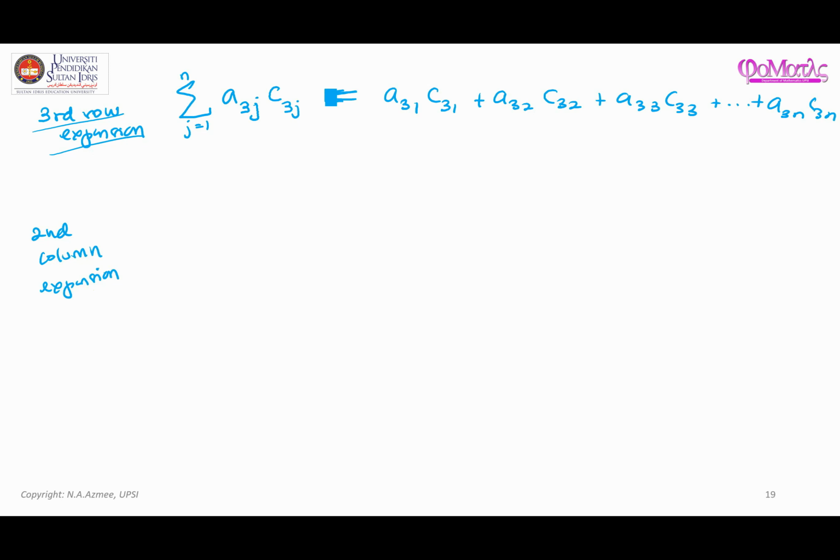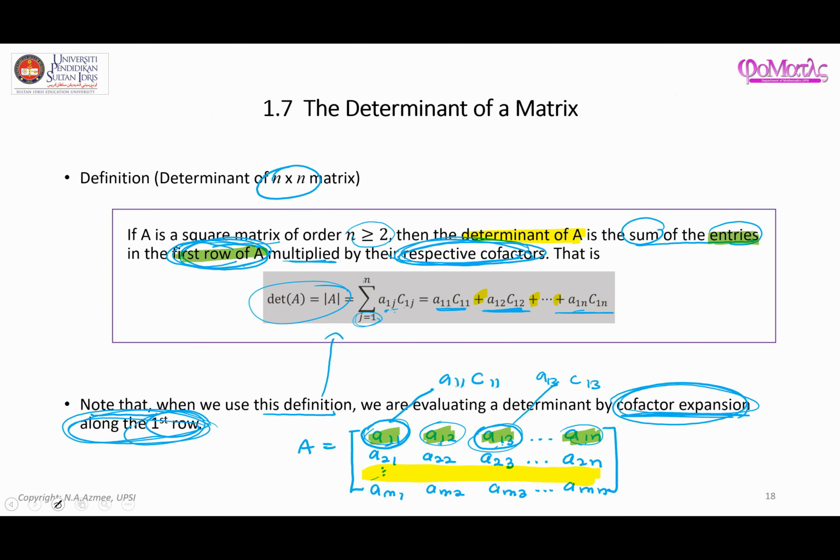If you want to talk about the second column expansion, basically you will be focusing on the entries along the second column. So you will have A12 with C12 plus A22 with C22 plus and so on.